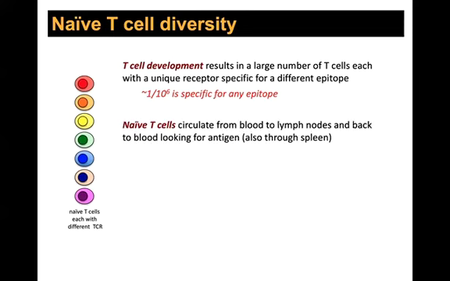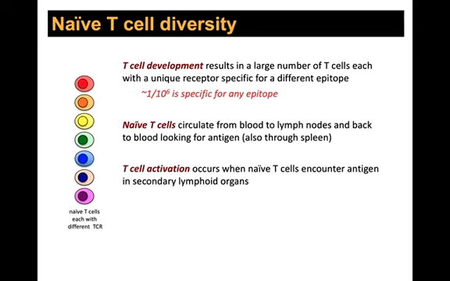Now, these naive T cells that come from the thymus, they're mature, they're just circulating from the blood to the lymph nodes and back again to look for antigen. So they spend most of their time in a lymph node, or in this case, in the spleen, if it's looking for a systemic infection. And so it takes a T cell about 24 hours to go through a lymph node.